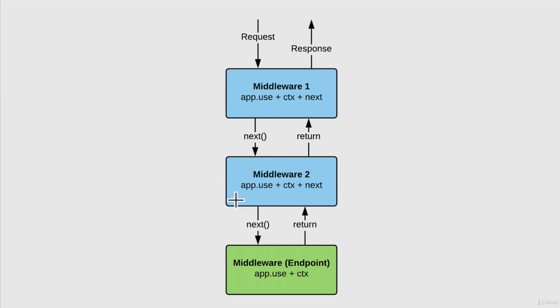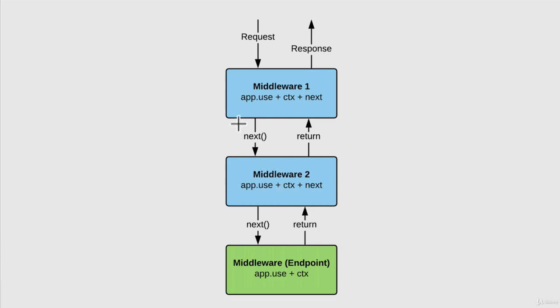And we're in a similar situation, where we can manipulate the context object again, and choose to call next, which will go down and execute the next middleware, which we might call the downstream middleware. And in this case, we can see that our third middleware here is an endpoint.